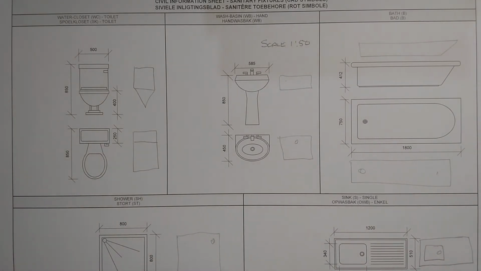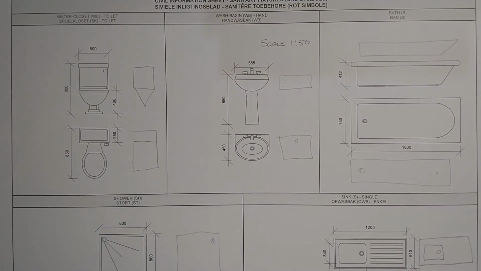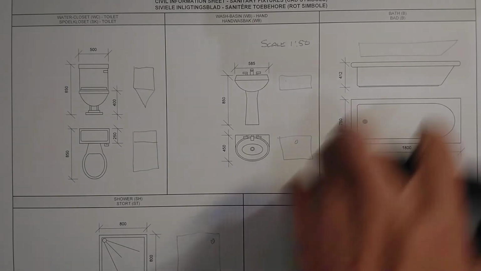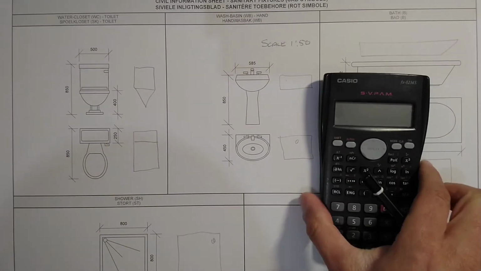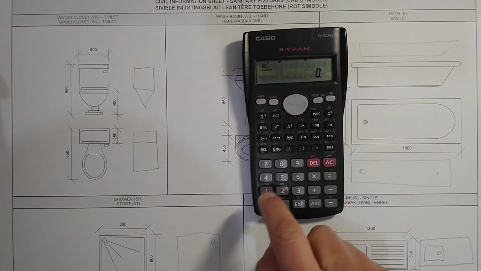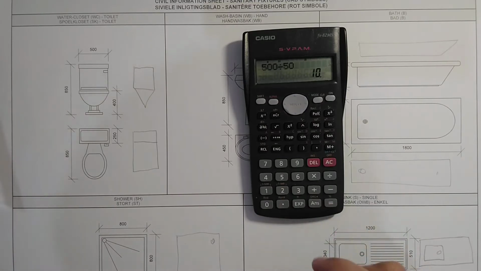So just to give you an example, this is my water closet. I'm now going to take my calculator, and then I'm going to divide all my dimensions by 50. So when I start here, I'm going to say 500 divided by 50, and that's going to give me 10.